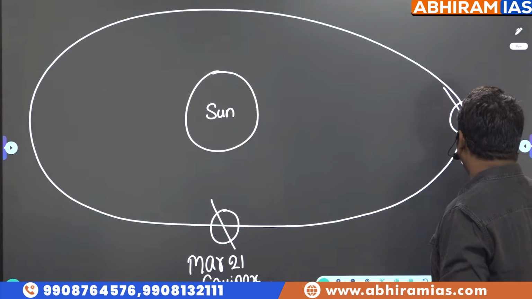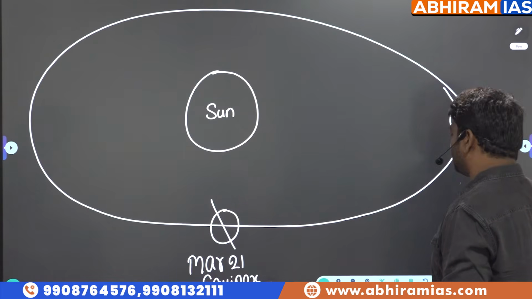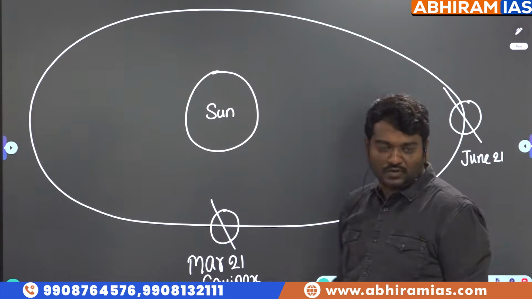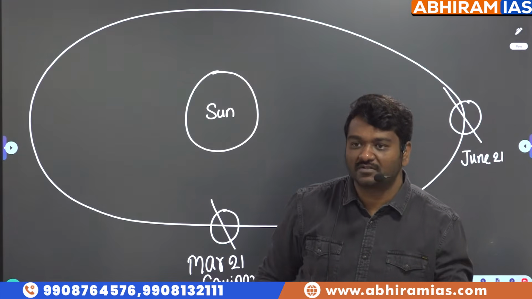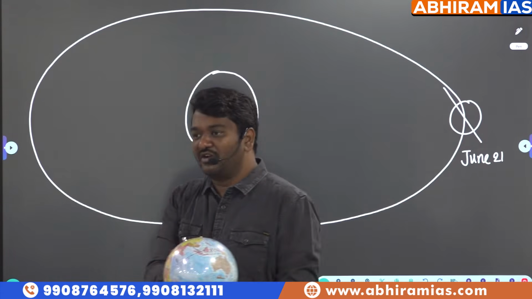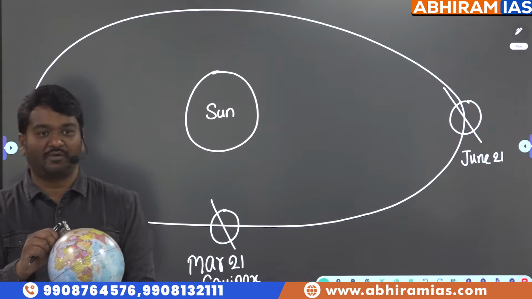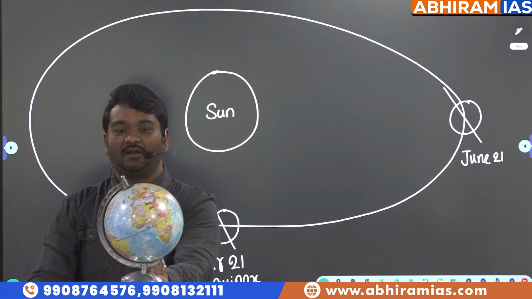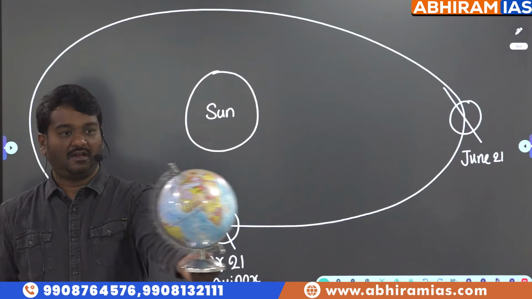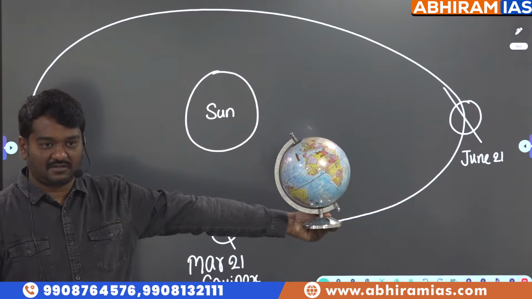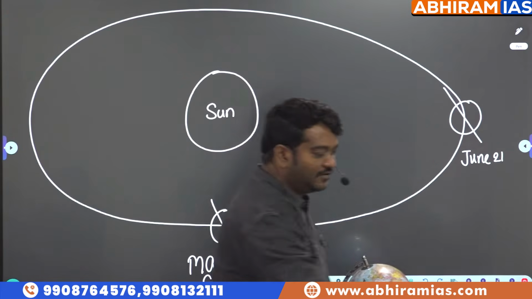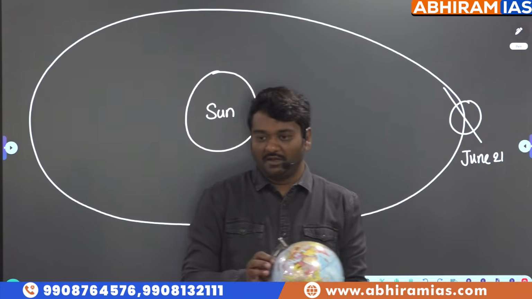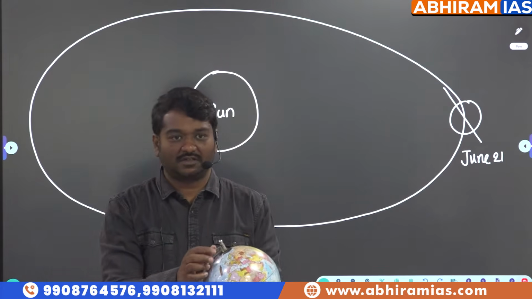So when you have June 21st, the most repeated question is June 21st. From the last 10 years, in one form or the other, they have asked June 21st. Please see here, it was like this, it came like this. Even in the exam, when you get confused, you can actually take the bottle and see once.